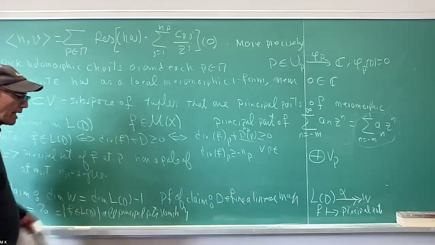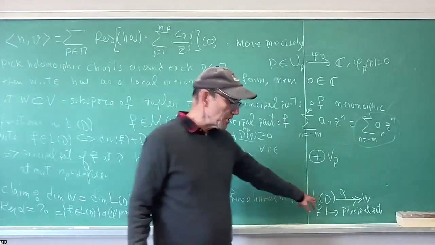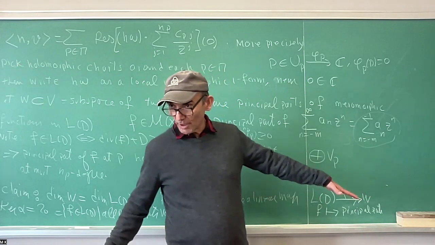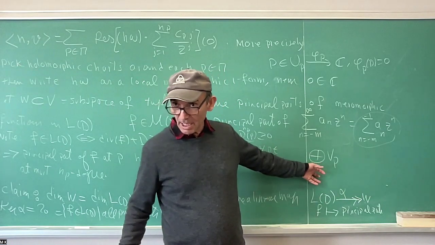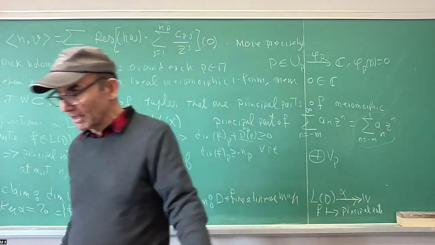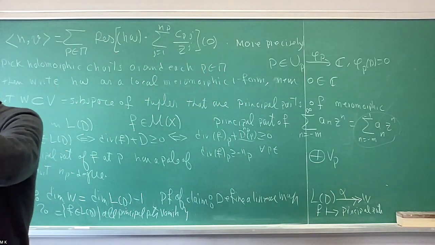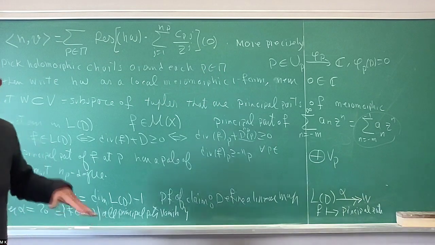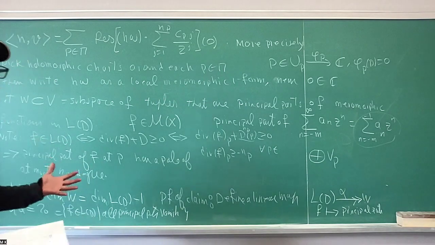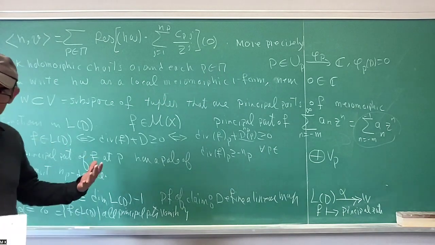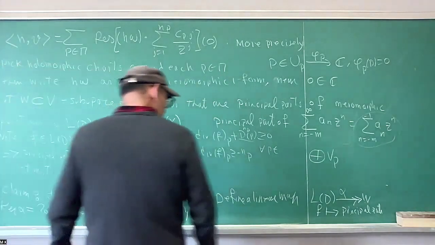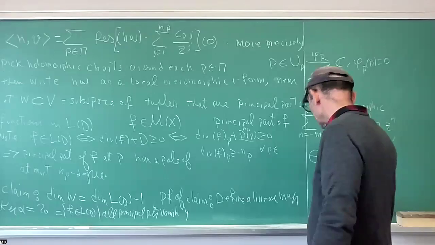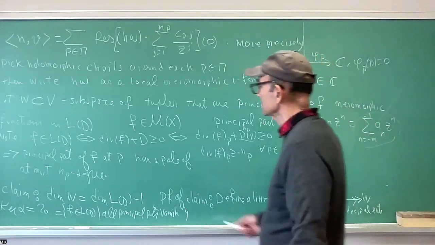Because all principal parts vanish and there's no other pole anywhere else, since it's in L(D), things in L(D) don't have poles anywhere except in the support of D. So it has to be constant, because it's a holomorphic function, and we know there exists only one such function up to constant. So the kernel of alpha is one dimensional, and then the result follows.